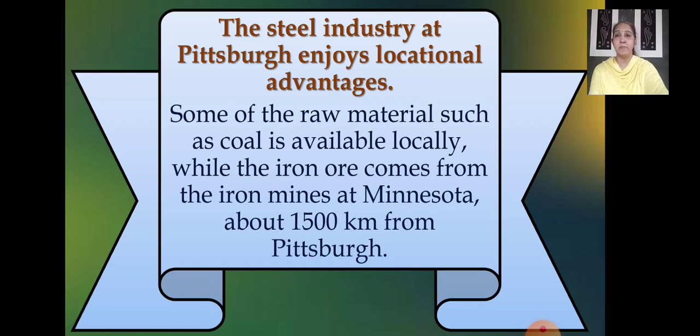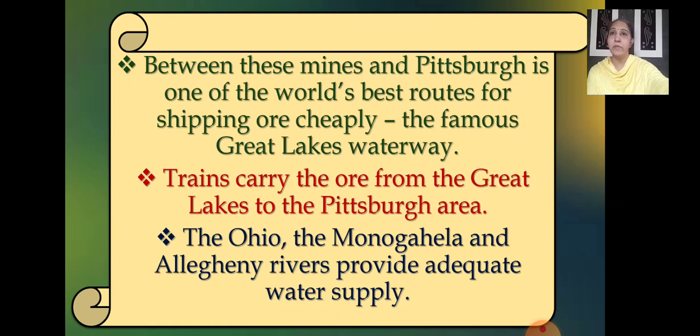Some of the raw material such as coal is available locally, while the iron ore comes from the iron mines at Minnesota, about 1500 kilometers from Pittsburgh. Then between these mines and Pittsburgh is one of the world's best routes for shipping ore cheaply.